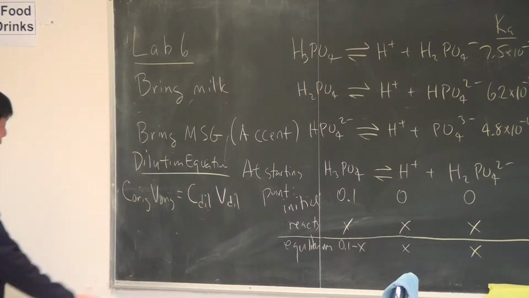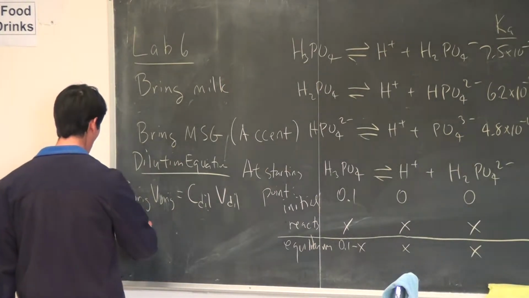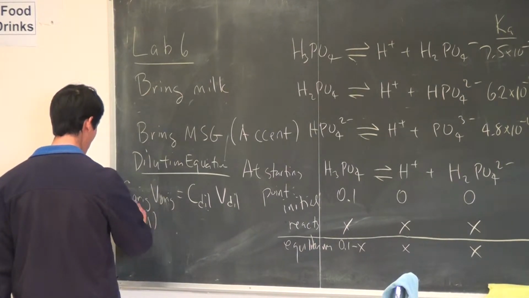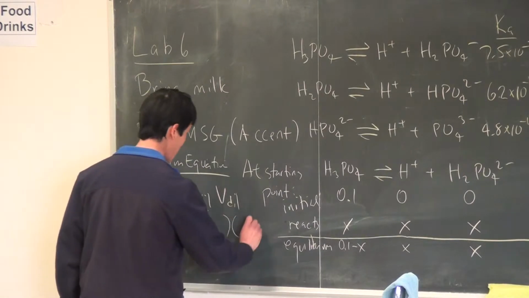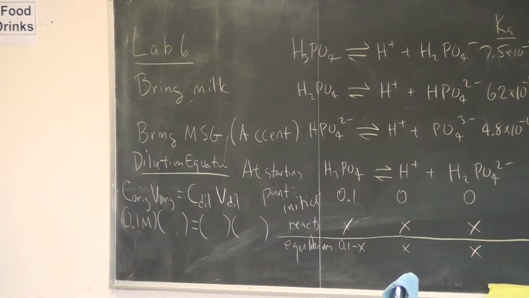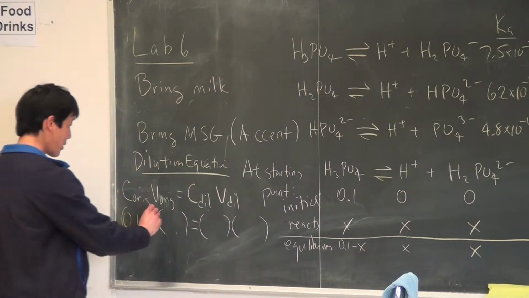So when we plug in our numbers, we have 0.1 molar, and then what numbers do we put in? What numbers do we put in there? Here and there. At 20.